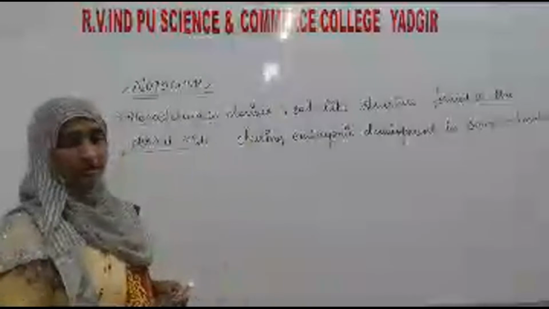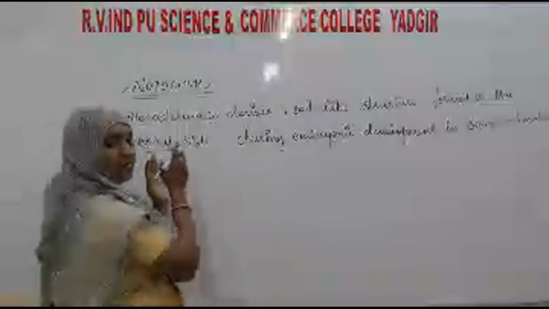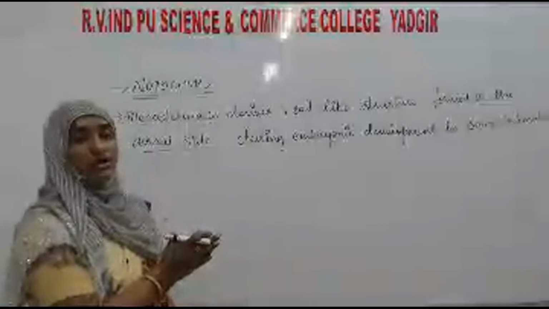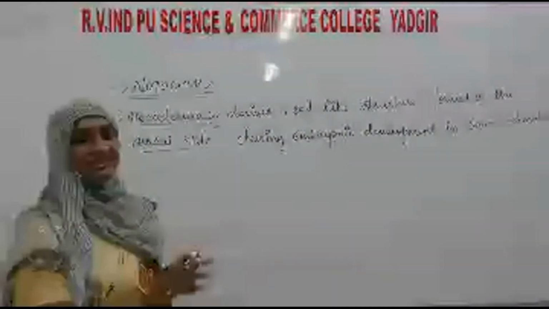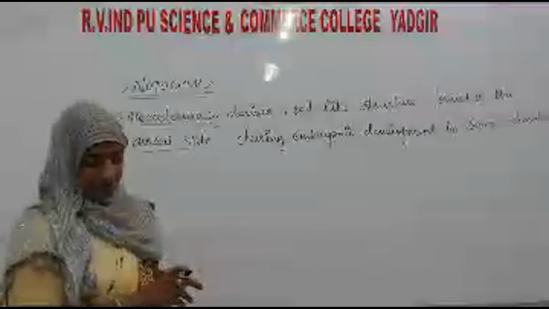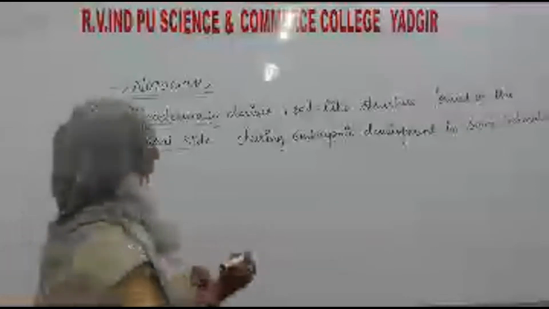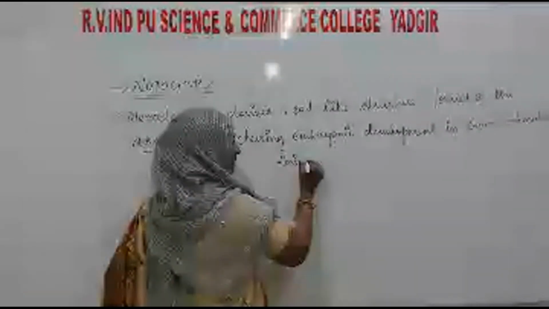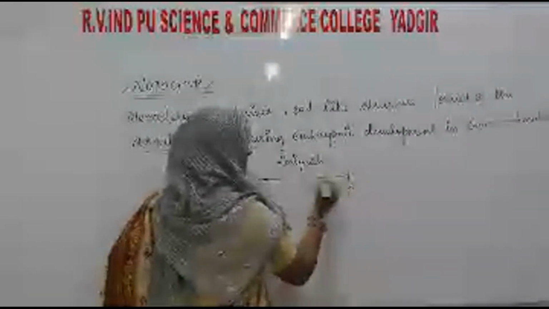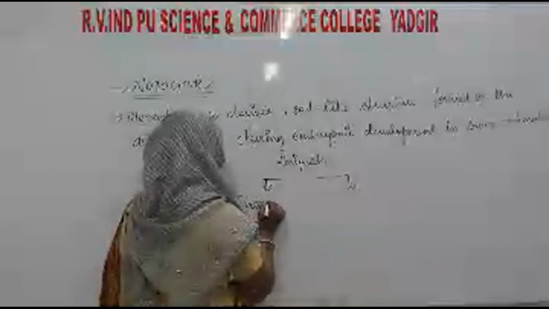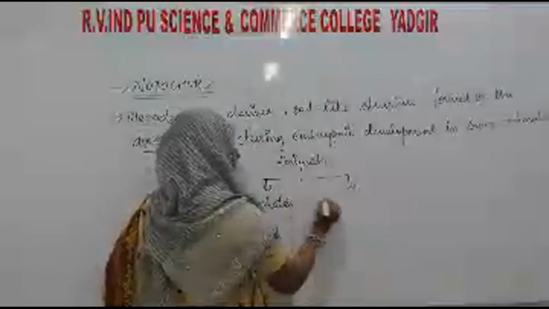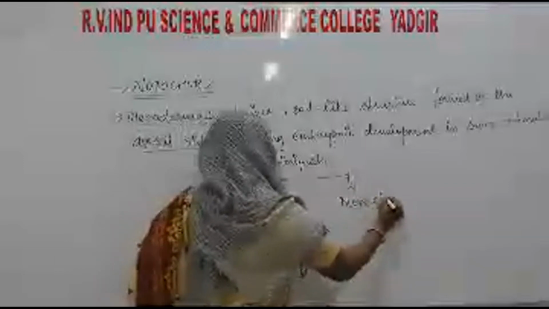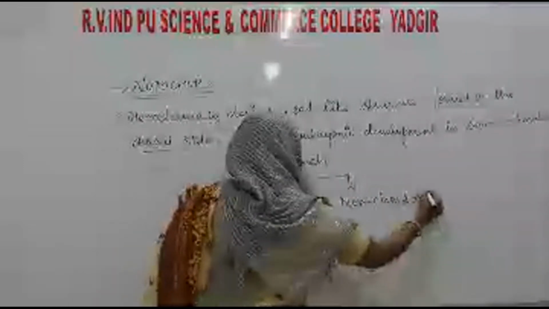On the basis of the presence or absence of the notochord, there are two types of animals, the chordates and non-chordates.